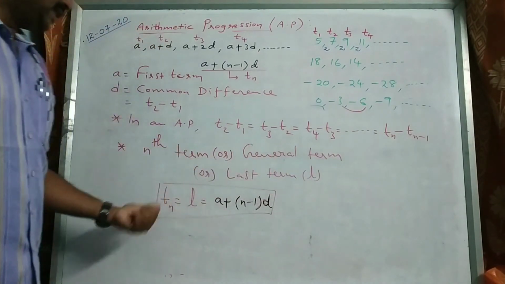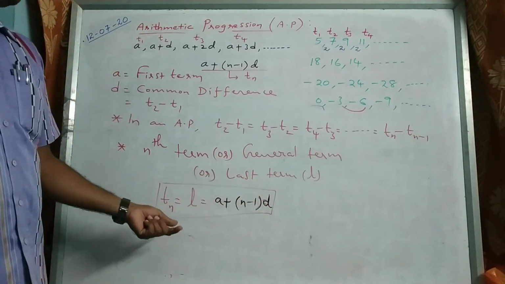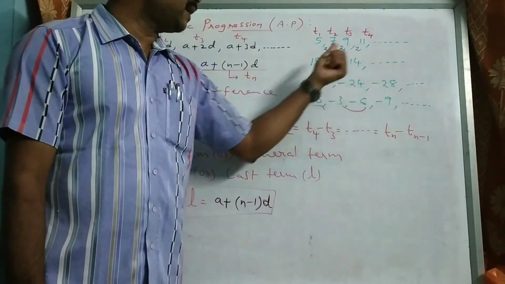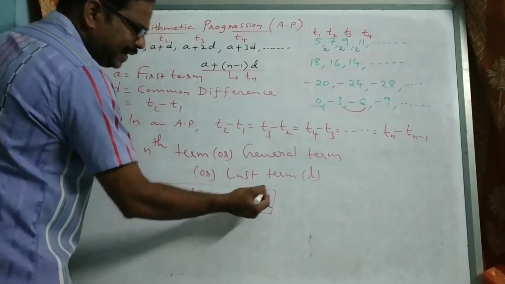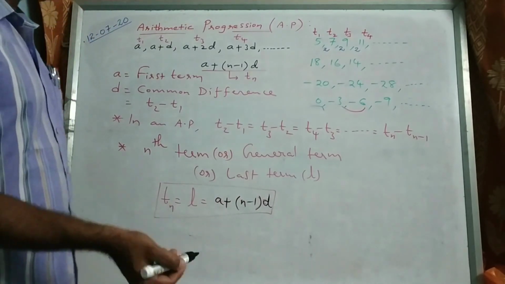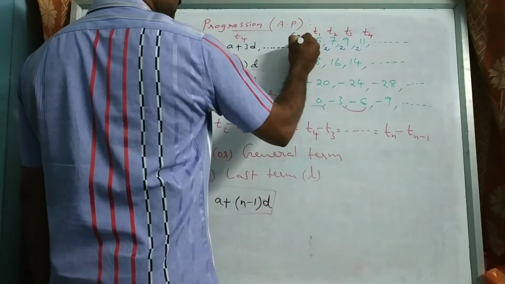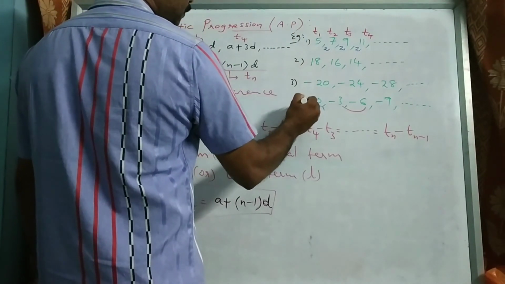By using this formula, you can find any term. Suppose I want the 60th term in this progression, we can write A plus 59D. When we do the problems you can understand. Under examples you can write this.